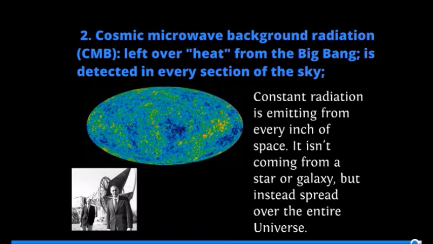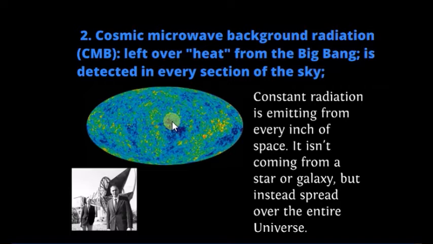So it's basically the constant radiation that's emitting from every inch in space, and it isn't coming from a distinct star or galaxy, but instead is spread over the entire sky. So this globe thing that I have here is not of a planet, or of the Earth, but it's basically our vision of the sky, represented in 2D, which is super weird. But imagine that we have a map of the night sky.